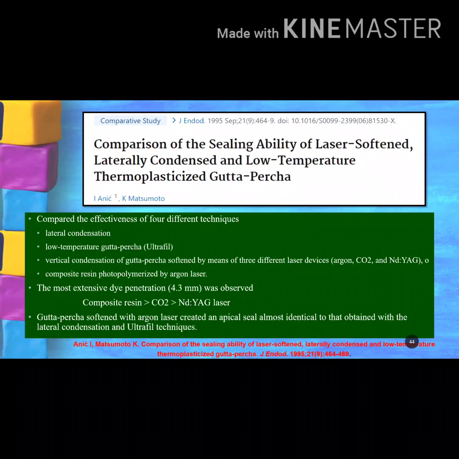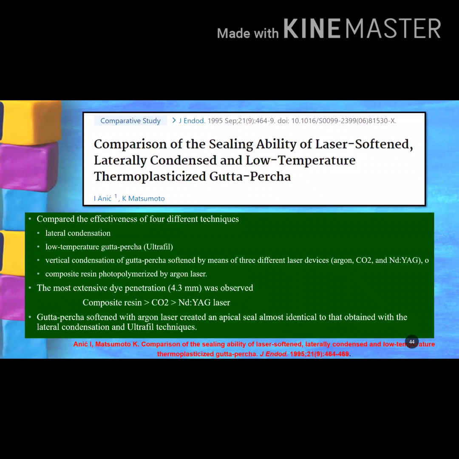In that they have compared four techniques. First one is lateral condensation, second one is low temperature gutta percha, which is Ultrafil, then vertical condensation of gutta percha softened by means of three different laser devices, which are argon, carbon dioxide and Nd:YAG, and composite resin photopolymerized by an argon laser.